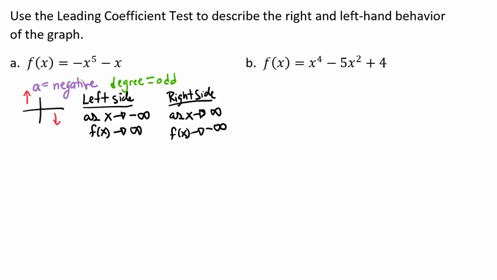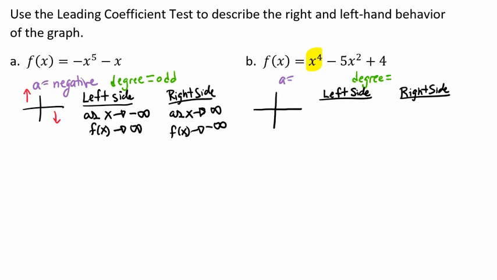Let's try another example. Here for b, we have f of x equals x to the fourth minus 5x squared plus 4. So we want to look at the leading coefficient because we need to determine if our a is positive or negative and if our degree is even or odd. We have a positive x to the fourth, so our a will be positive.